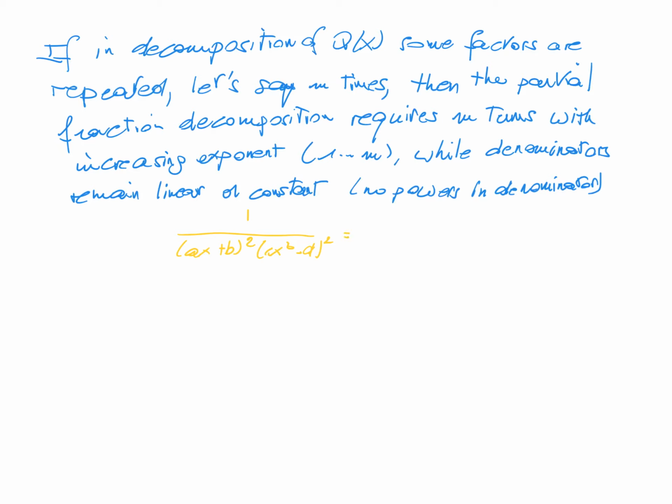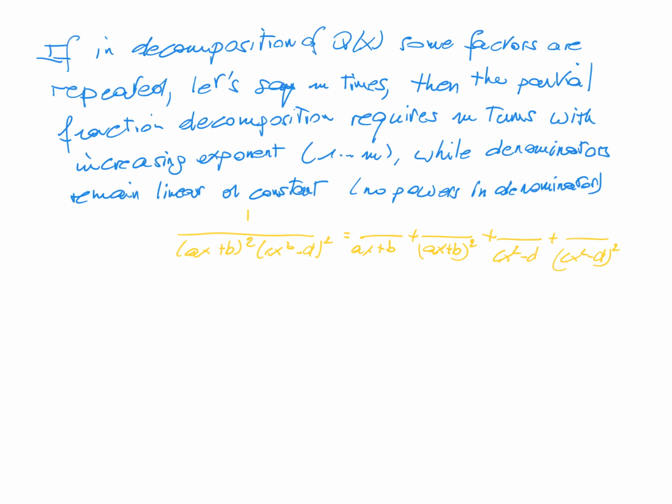If I want to make a decomposition of this, I see there are two different factors, ax plus b, which appears 2 times, and cx squared minus d, which also appears 2 times. So I will have, according to the rule, ax plus b once, and then I repeat it, ax plus b with a power 2, and then also cx squared minus d and cx squared minus d squared.